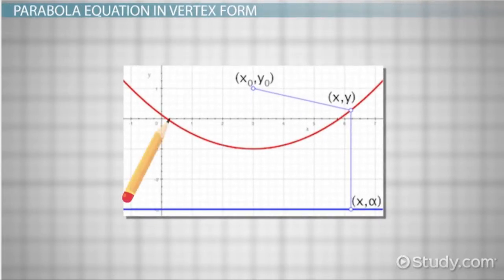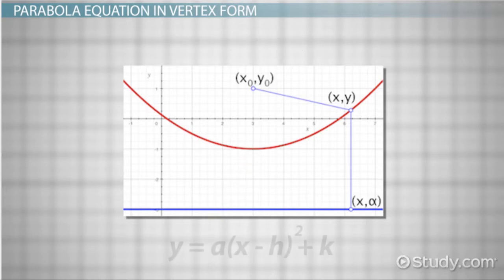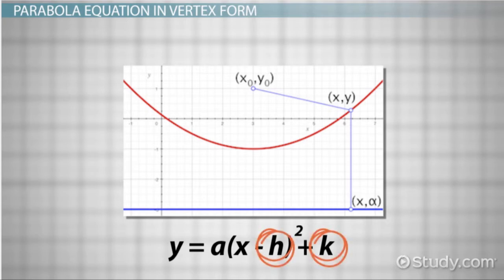Sometimes you'll want to know where the parabola has its vertex. To get an equation having this vertex information in it already, take the standard form equation and complete the square. The result is y equals a times (x minus h) squared plus k. You now have an equation in terms of the vertex. The h and k are the x and y coordinates of the vertex.